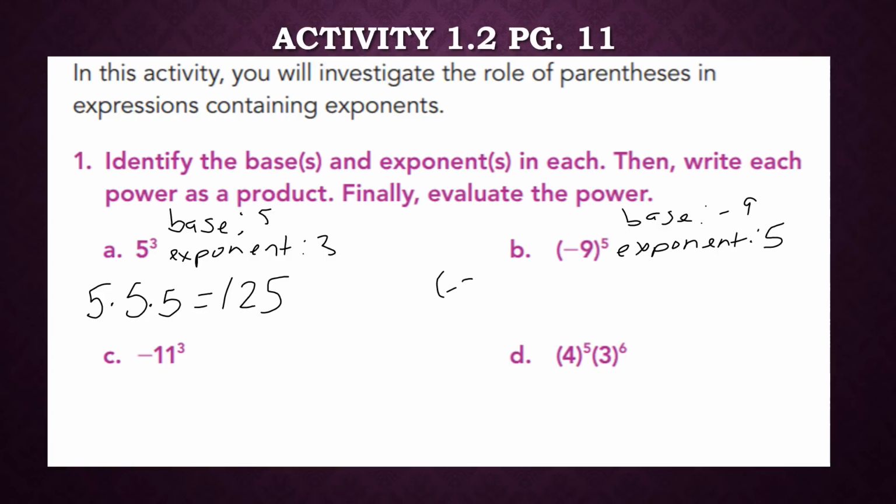So that means when we write this out, we're going to write -9, multiply it by itself 5 times. Finally, we want to simplify that or evaluate the power. You can use a calculator for this part. You're going to get -59,049.